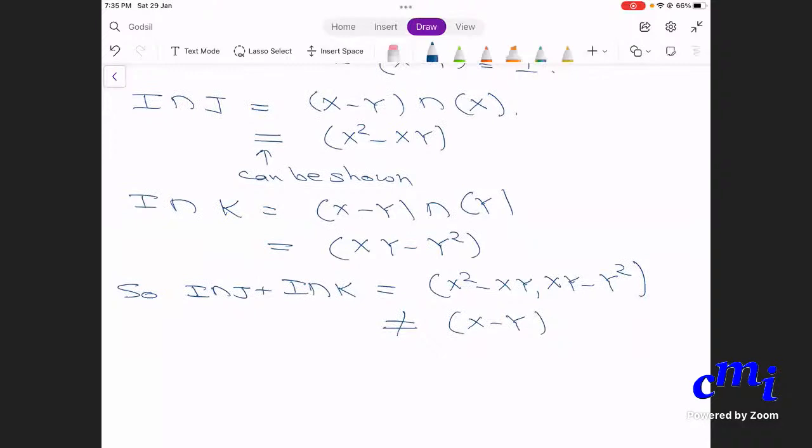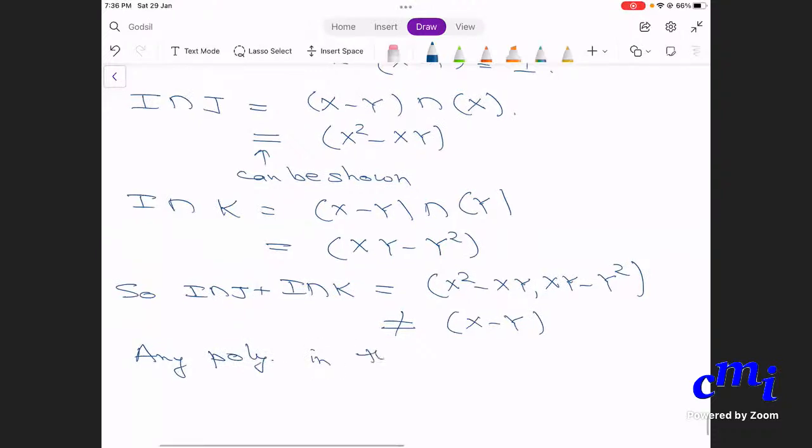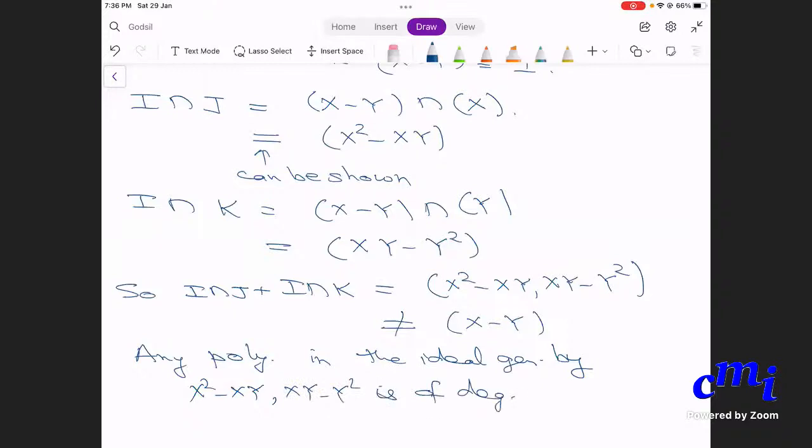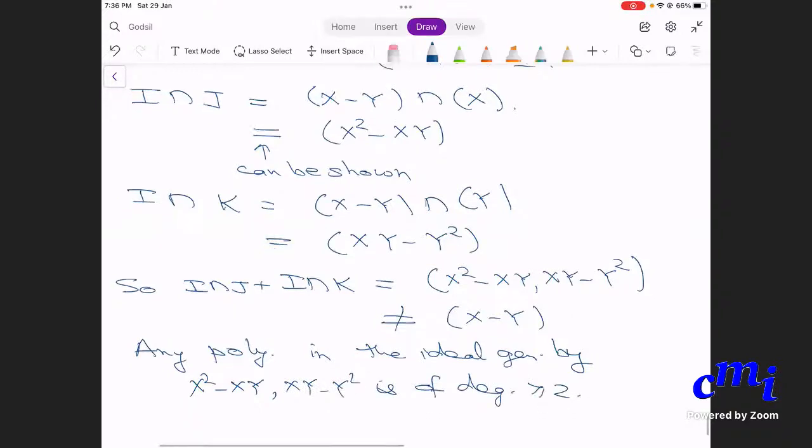Not equal because any polynomial in the ideal generated by x squared minus xy and xy minus y squared must be of degree at least 2. Already these are of degree 2.